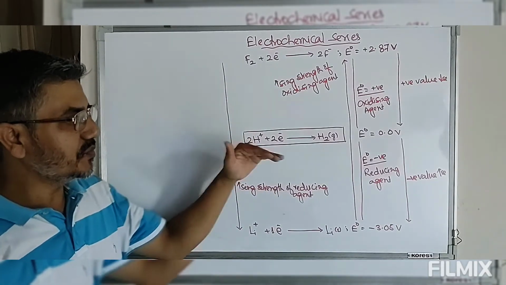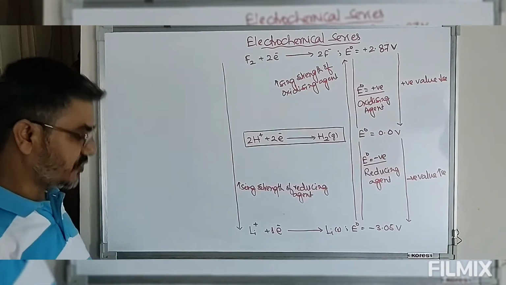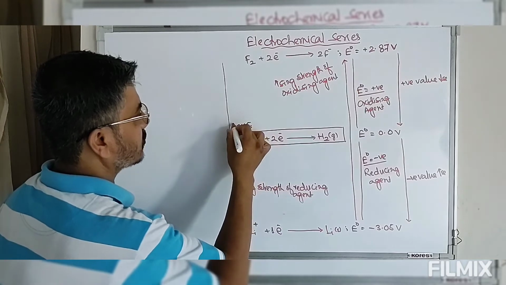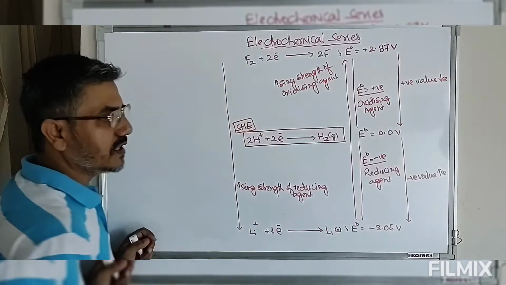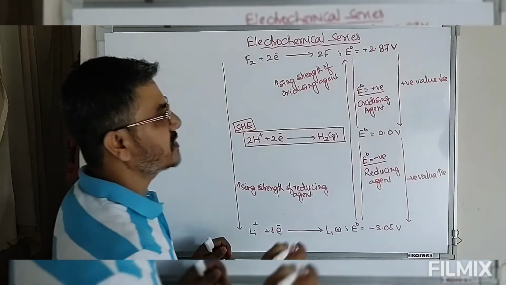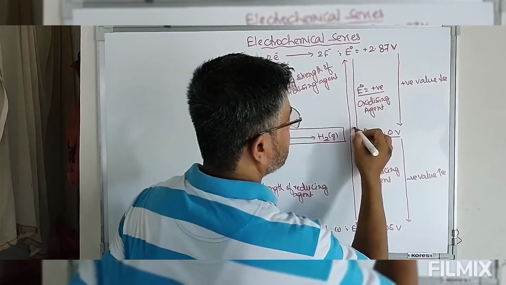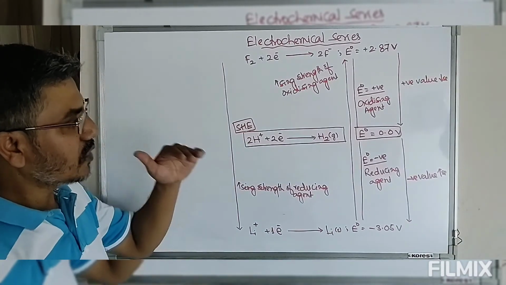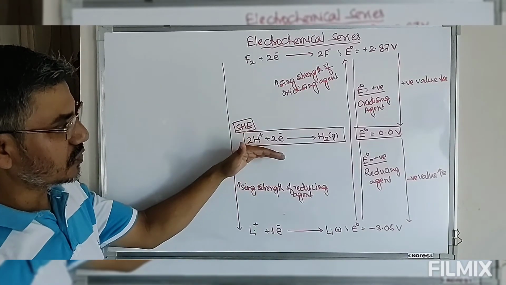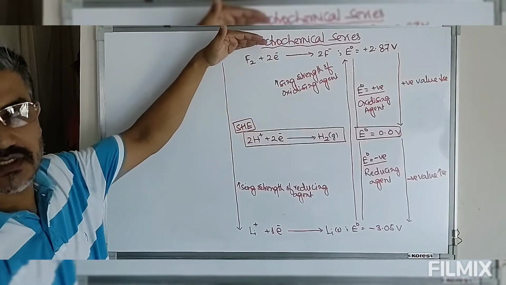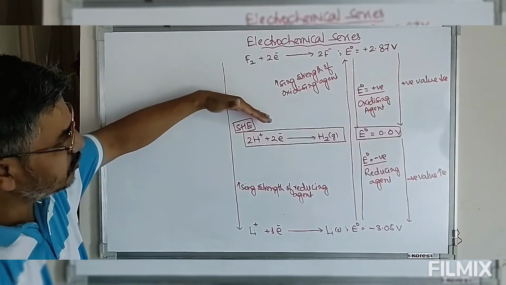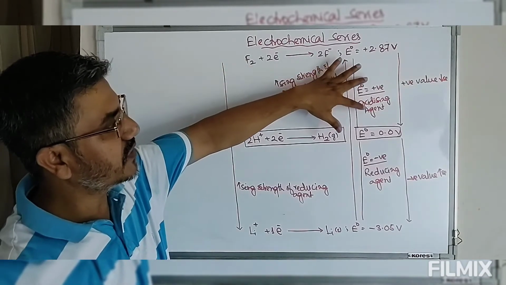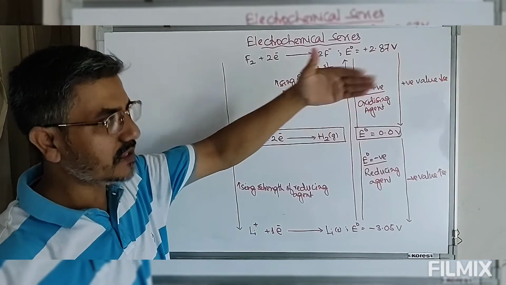A quick glance at this electrochemical series: in the middle we have the SHE, the standard hydrogen electrode, which is taken as a reference electrode, for which the reduction potential is assigned a value of 0. All these values are electrode reduction potentials. Those electrodes which are above hydrogen in the series have positive reduction potential values.